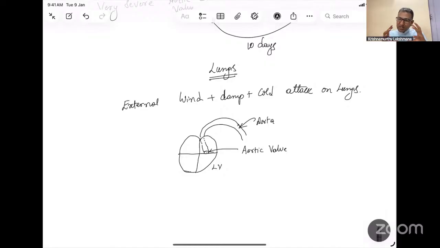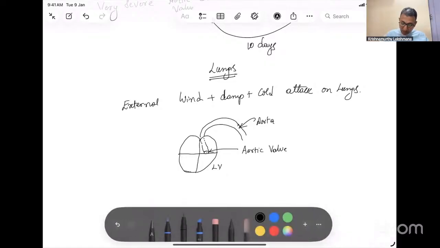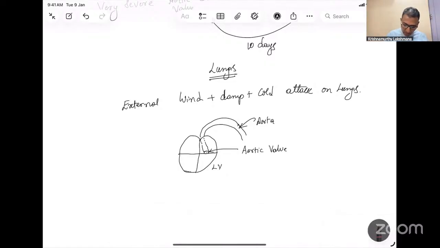So what happens in the left ventricle? The pressure gets built, and then it pushes, and the blood goes out. Then once again the valve has to close. So it has to open, the left ventricle will push, pressure will get created, and the blood will go off. And when the ventricle is relaxing, the valve should be closed.